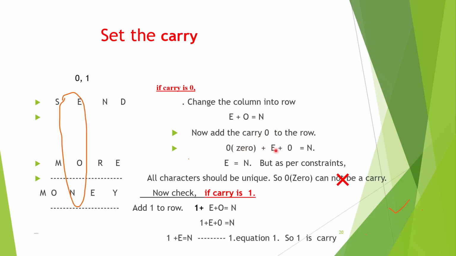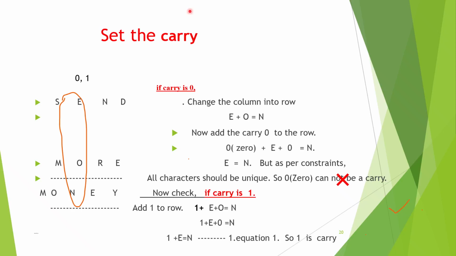So 0 plus E plus O equal to N. If you strike out 0, E equal to N. But as per the constraints, all characters should be unique. No two characters should be equal, right? Here, E and N are equal. The condition is not satisfied. So 0 cannot be a carry.